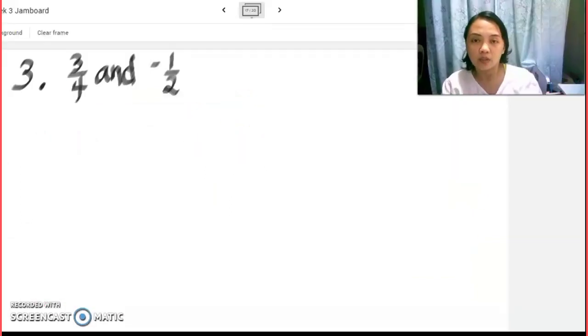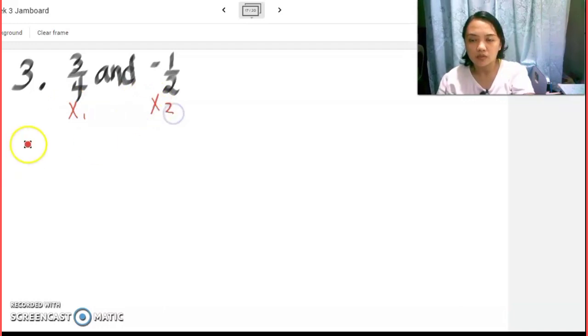Okay, example number 3. How about the roots of 3/4 and negative 1/2? So, kanina, 3/4 would be our x sub 1. Negative 1/2 is our x sub 2. To get the sum, we have 3/4 plus negative 1/2.